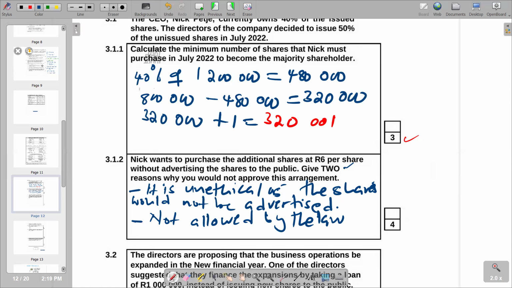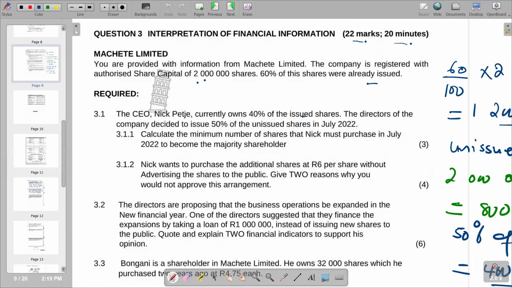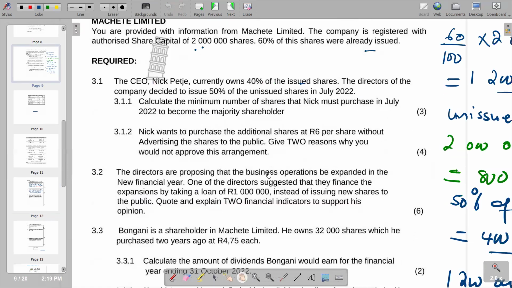Then moving on to the next question. 3.2 reads, the directors are proposing that the business operations be expanded in the new financial year. One of the directors suggested that they finance the expansion by taking a loan of 1 million rand instead of issuing new shares to the public. Explain 2 financial indicators to support this opinion.